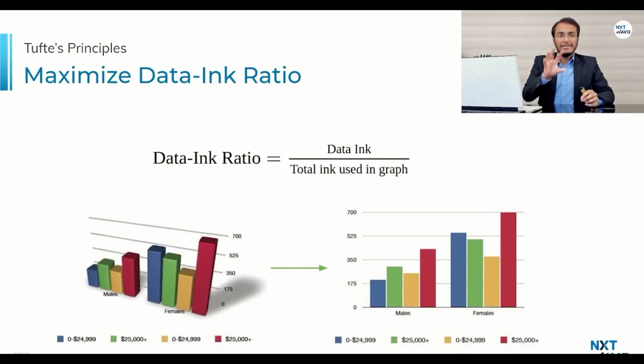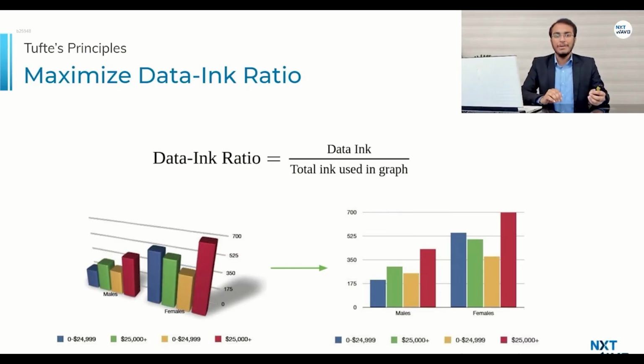So that is where this ratio comes from. The data ink to the total ink used in the graph should be maximized. That is what we have to do when we say maximize the data ink ratio. Now how do we maximize this? Maximizing this is nothing but minimizing the rest of these additional effects, which can be shadow effects or some fancy visualization, some 3D visualization where we don't actually need one.